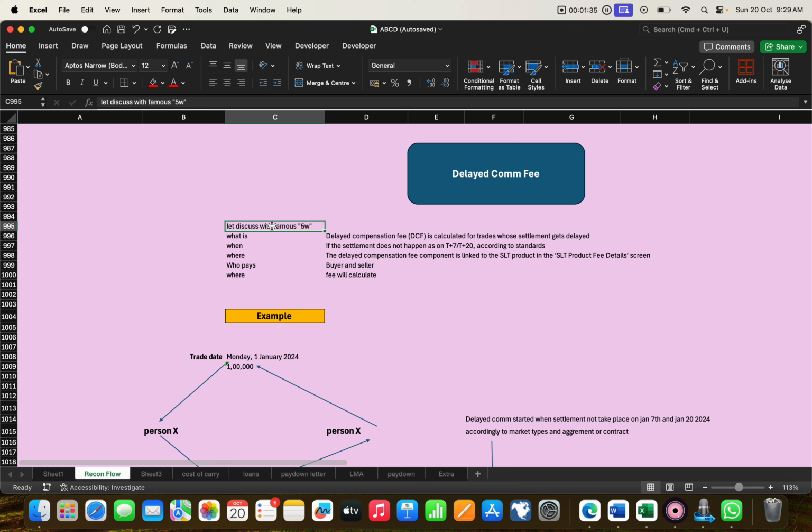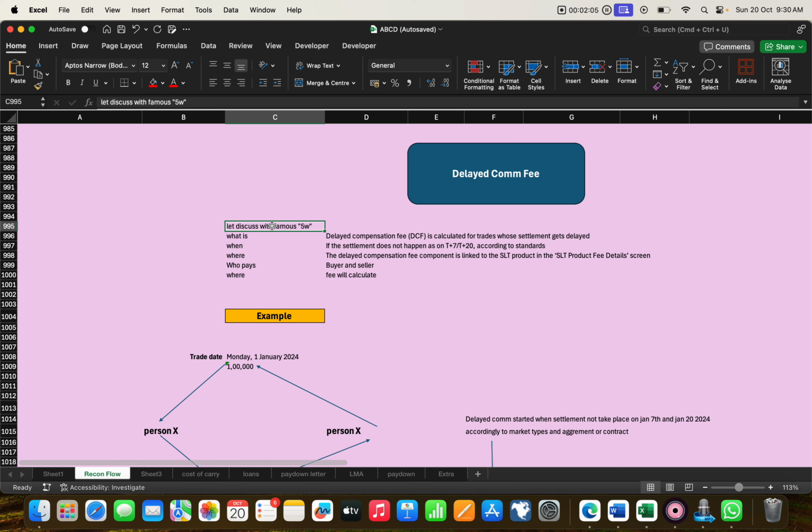So where does it get charged? The delay compensation fee component is in the SLT product that we discussed in the previous section. The SLT product is one screen where the basic details of the trade are given, like product type, product extension, the product tranches, the security code of that investment, the trade date and settle date.